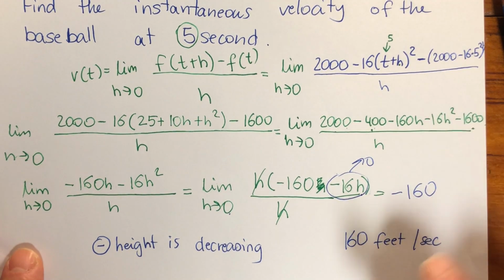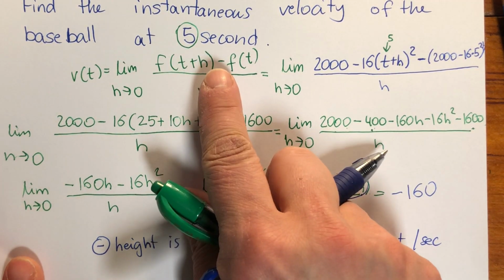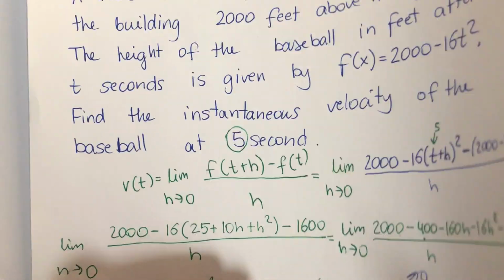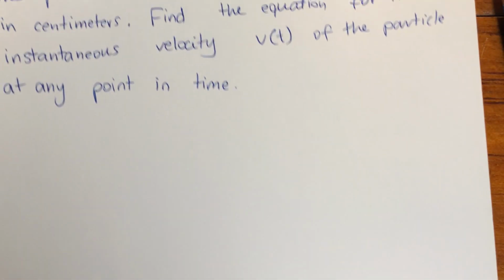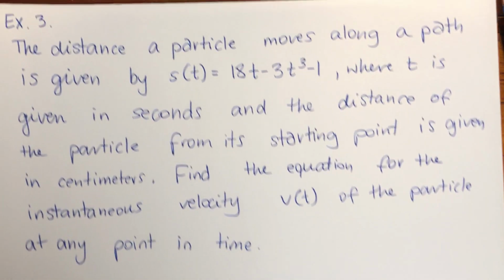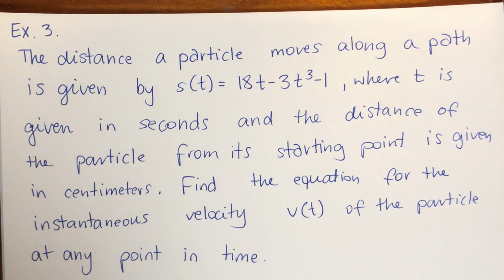Okay, one more. So notice this was at a specific time, and we did not create a formula. We got the exact answer. Now we are going to have a question. A particle moves along a path given by this equation. And again, fascinating, something like this can be described using an equation.